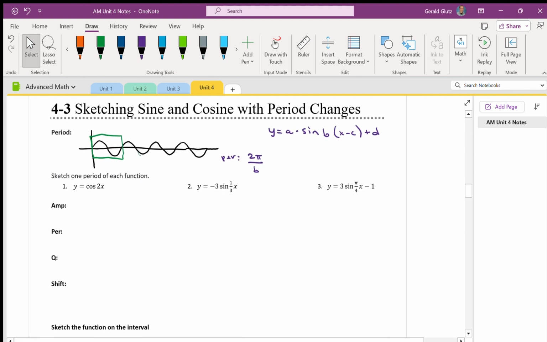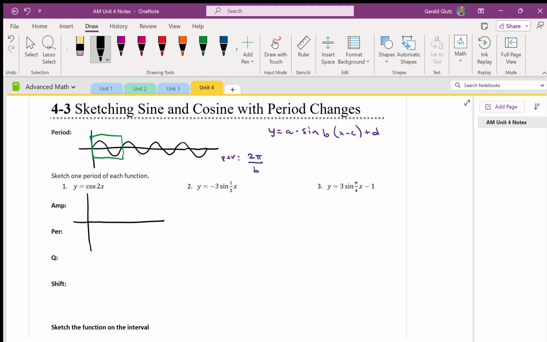So in example 1 here, we're going to be graphing this. I know our amplitude is going to be 1. Our period is going to be 2 pi divided by 2, because our b value is 2. So our period is pi.